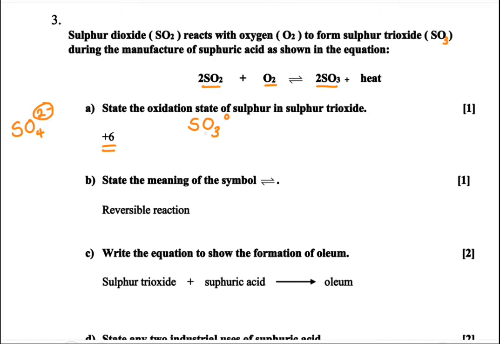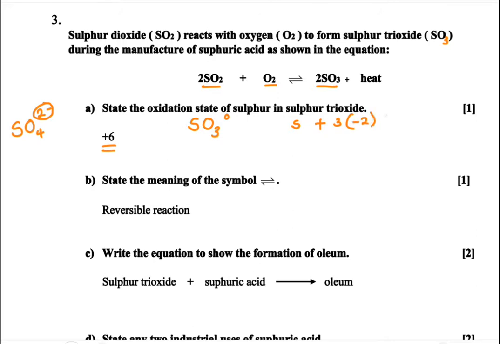So now we add the charges for sulfur and for oxygen, and the overall charge is 0. So sulfur, whose oxidation state we require, plus the oxygens, of which there are 3. So we have 3 times the oxidation state of oxygen, which is found in group number 6, so it has an oxidation state of -2.